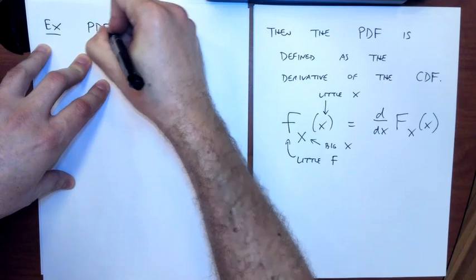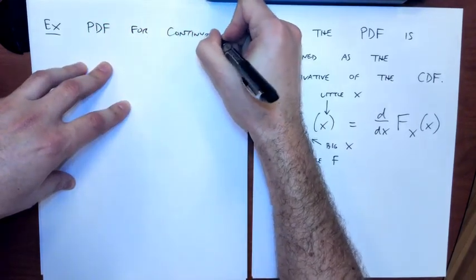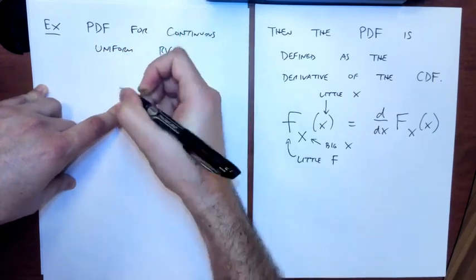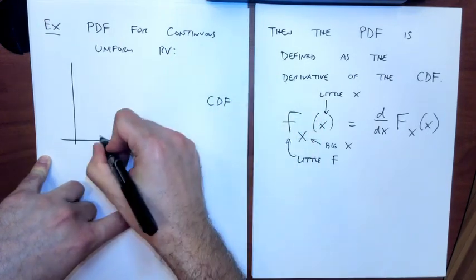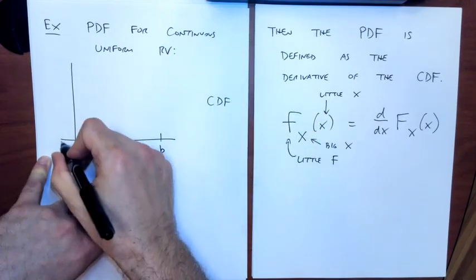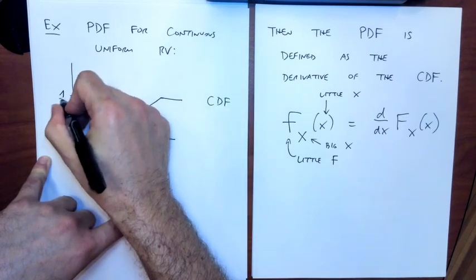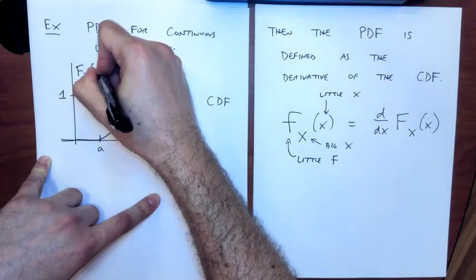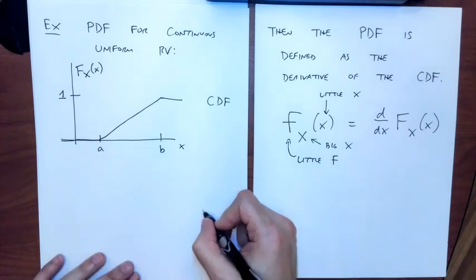So the PDF for the continuous uniform random variable, here's a CDF, right? The CDF, I'm going to just redraw it here, was something that accumulated constantly until I got up to B, until I had all of the probability. So let's think about what the PDF has to look like.